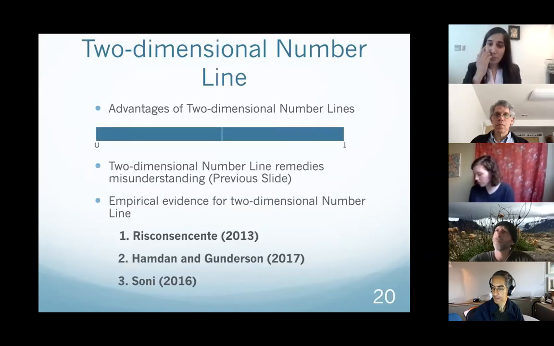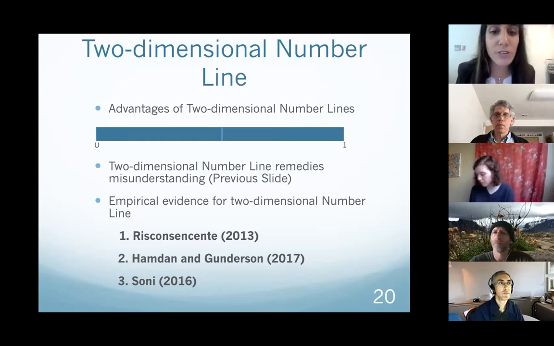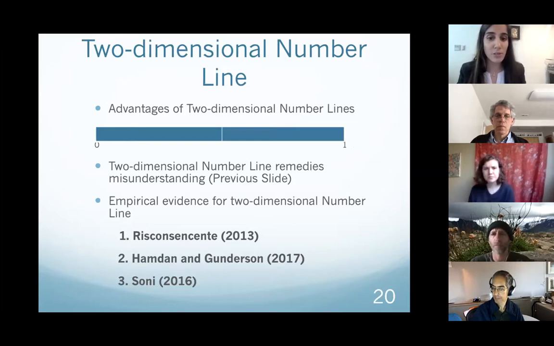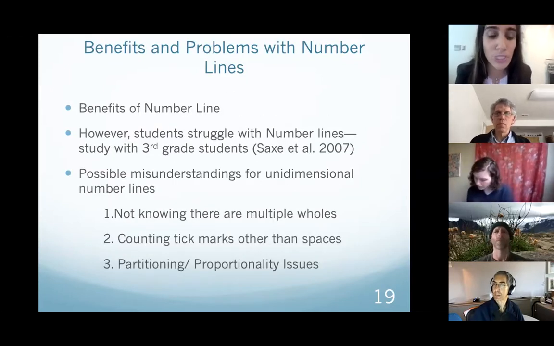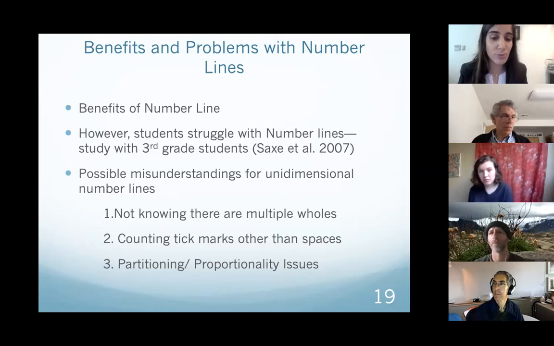The two-dimensional number line can actually remedy these things. I'll go back to the issues with the unidimensional number line. A two-dimensional number line can remedy the fact that you may not know there are multiple holes, especially if it says 0 to 2, and you can see the whole space and it's easier to visualize multiple holes.